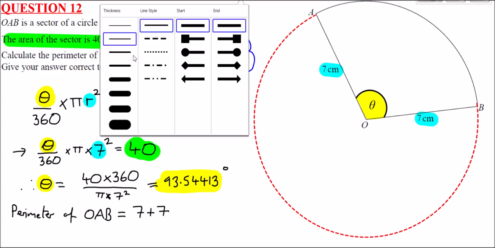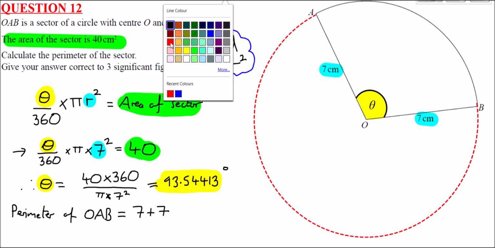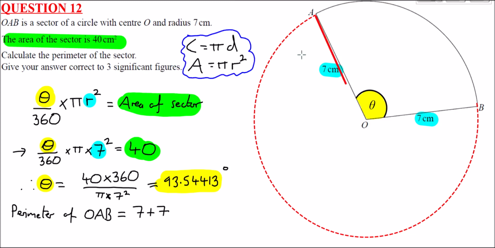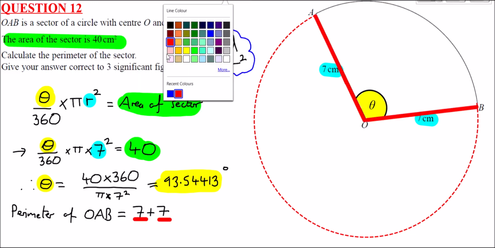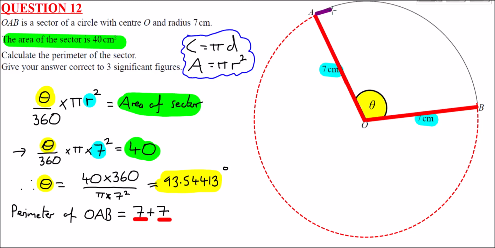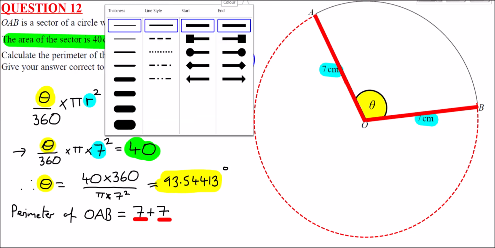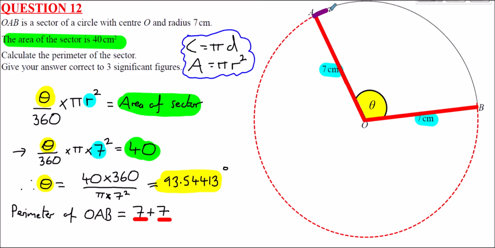So if I were to do quite a thick line in a red colour, in fact I'll have that line going a bit thicker, 7 plus 7 for 2 radiuses, and then also there's going to be this bit around the outside of the circle. There's going to be this arc. It's called an arc, where an arc is essentially a portion of the full circumference.